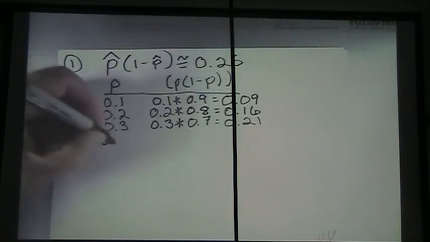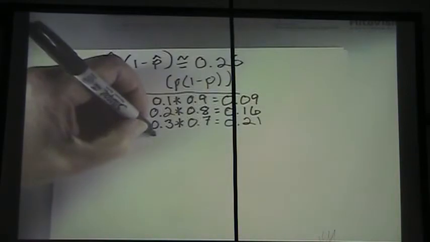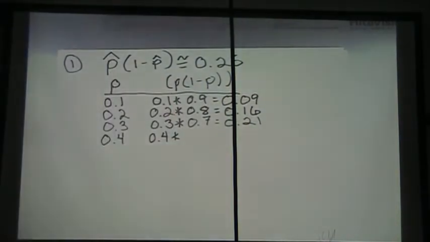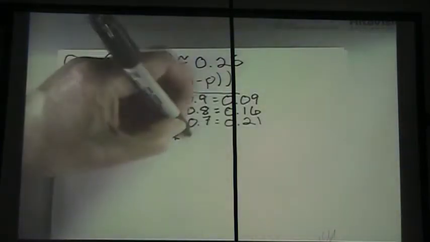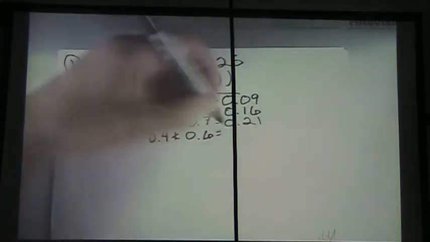At 0.4, that means 0.4 times 1 minus 0.4, which is 0.6, is going to be equal to 0.24.